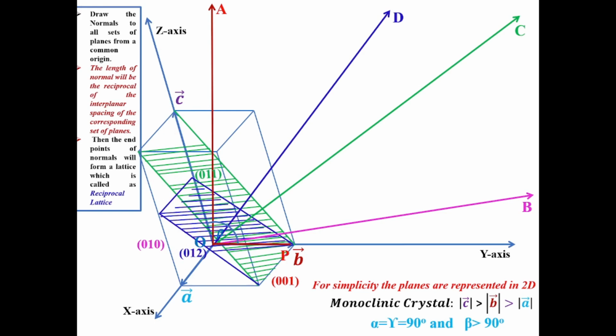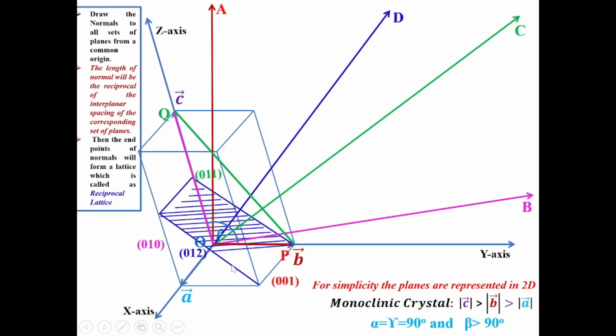Likewise, we remove this pink color plane and we draw a line OQ, which represents the 010 plane. Okay. Likewise, we remove this green color plane and we consider a line, that is your PQ, which represents the 011 plane.